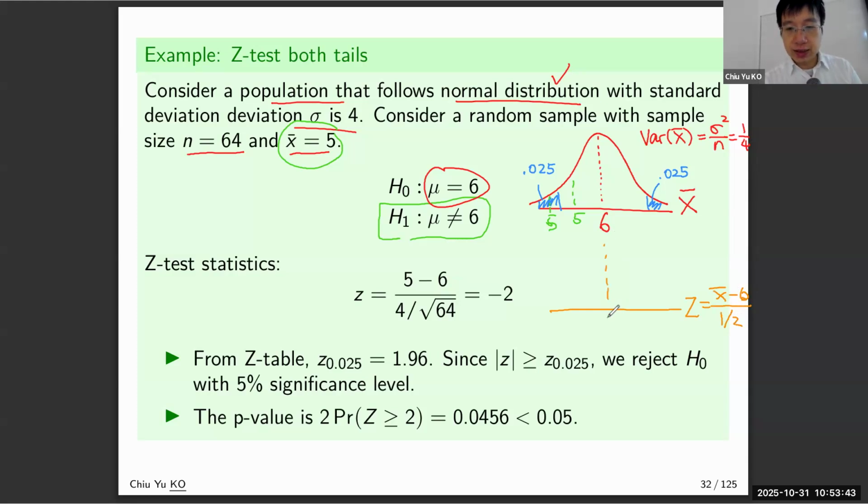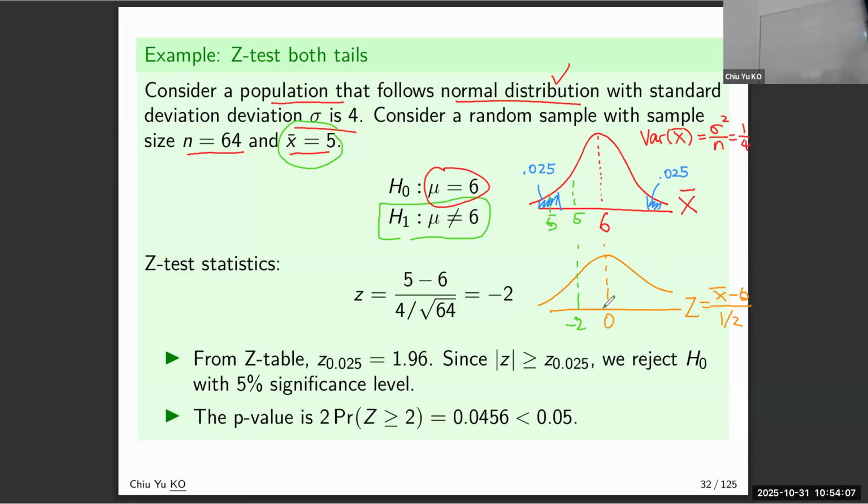And this guy is 0. And what's 5 here? 5 again is -2. Why? Because SD is 1/2. It is 2 SD below the mean. Okay.